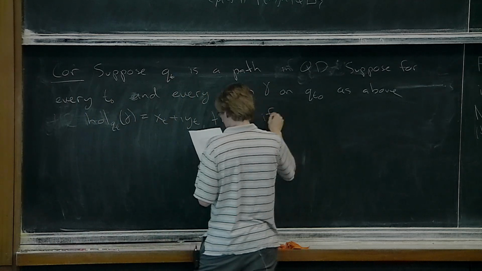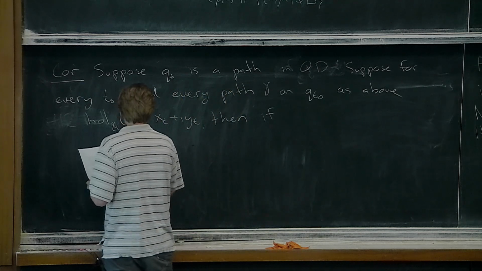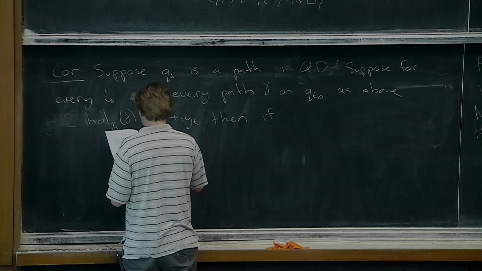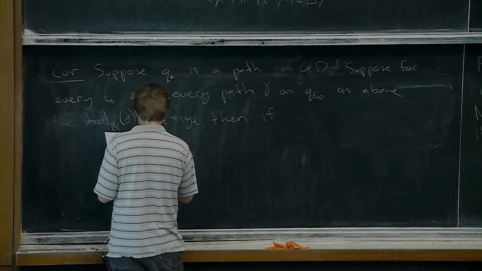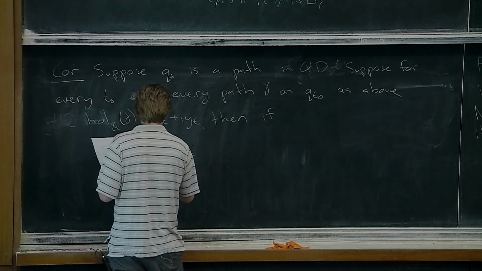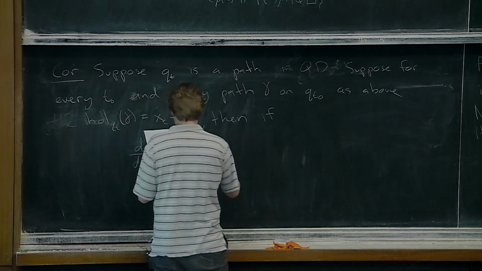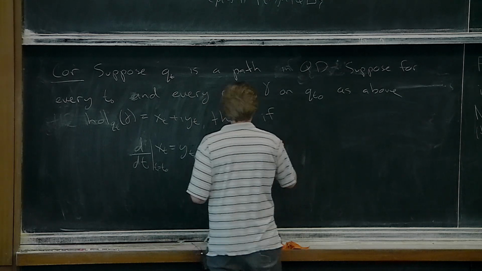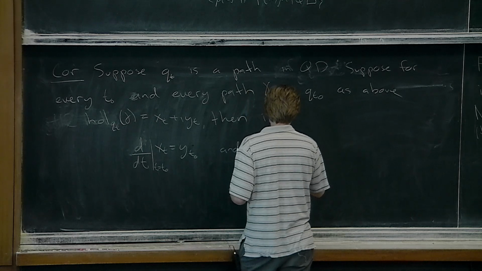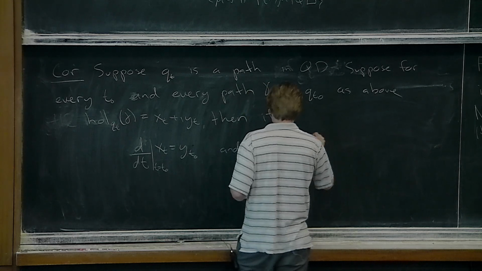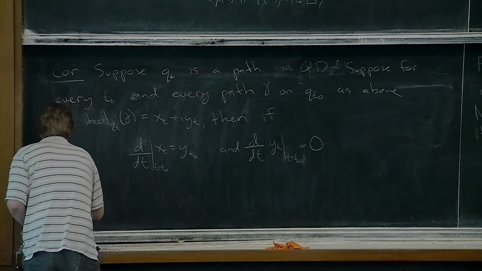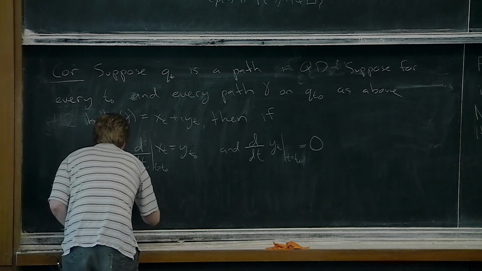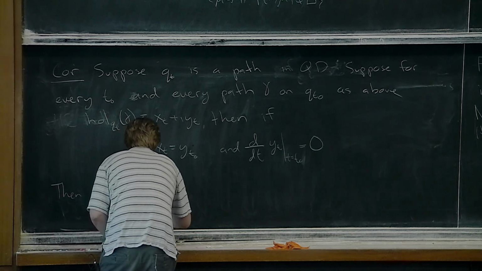Then, if the following two things are true, so if the derivative in time of x_t is y_t, and I just need this at t equals t_0, and the derivative of y_t is 0, then q_t equals the horocycle flow h_t of q_0.